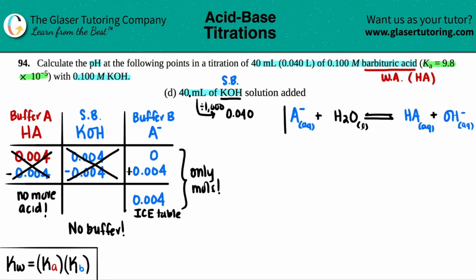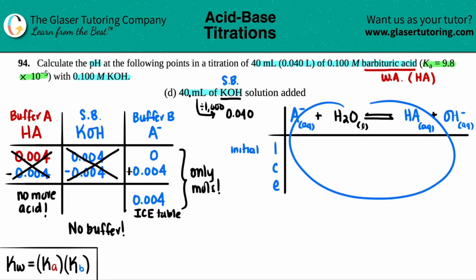Now let's do our little ice table here. We'll call it ICE. Initial, I stands for initial, right? But if you're using an ice chart, only molarity is allowed in here. That's another thing to remember, guys.